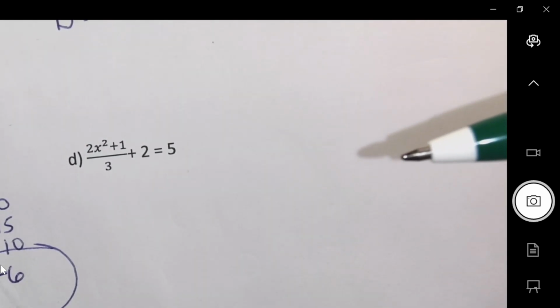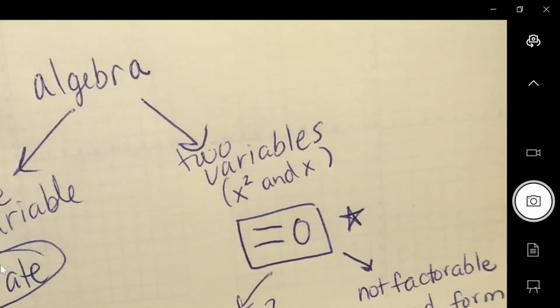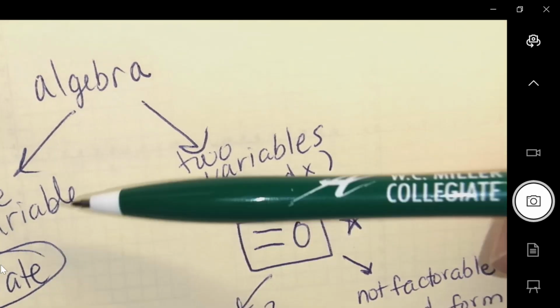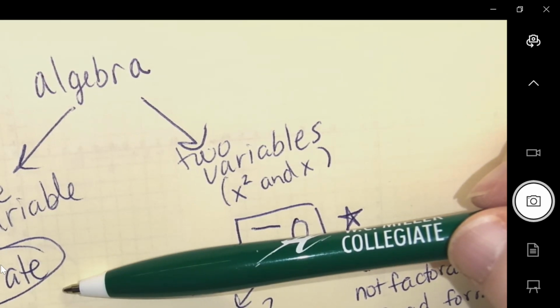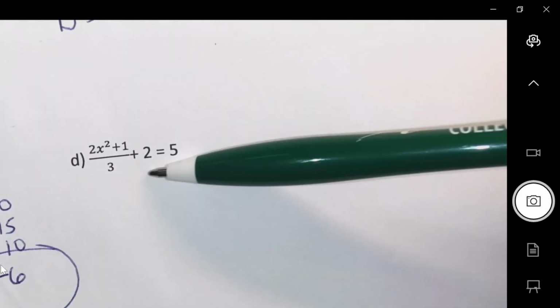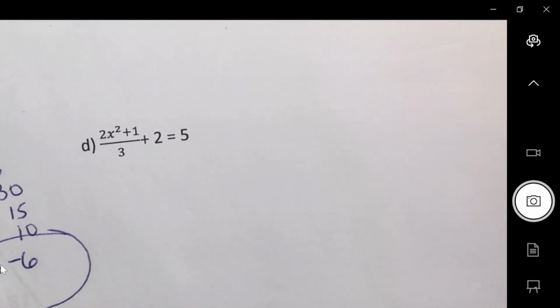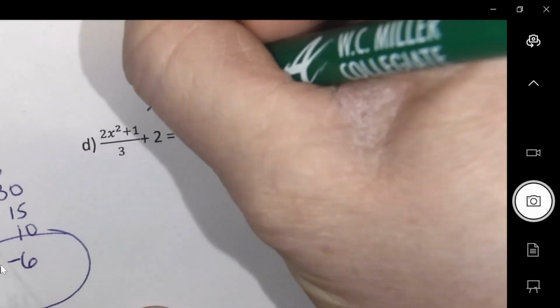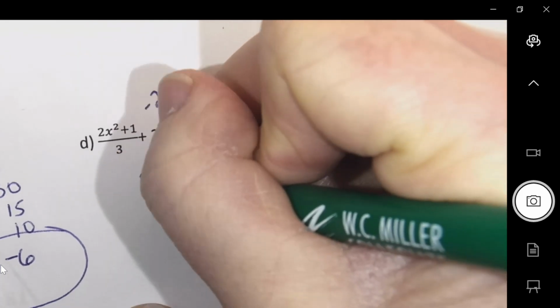Okay, D, algebra branch, where are we? We're one variable, so we're going to isolate one variable. There's only one variable in that. So let's get it alone. So what do I have to do first? Minus the 2.